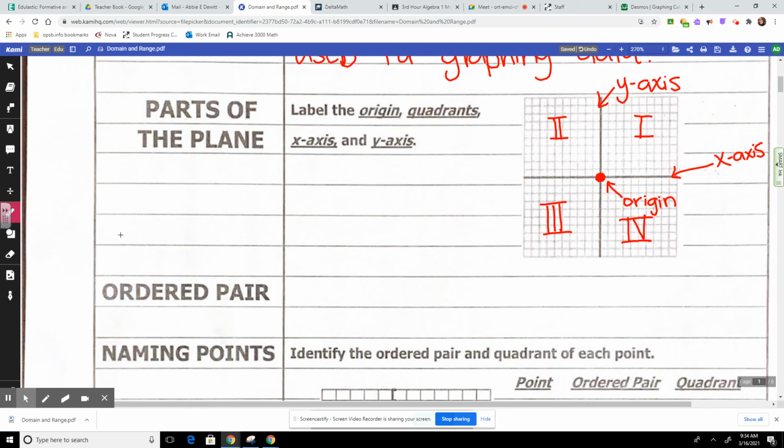Okay, an ordered pair. If I wanted to identify and label a point on a coordinate grid, I would use an ordered pair. So an ordered pair is a point written as x comma y located on a graph.